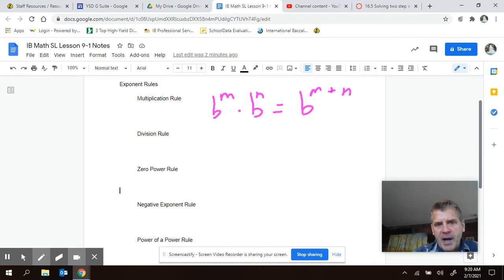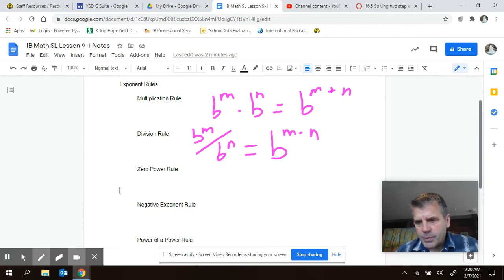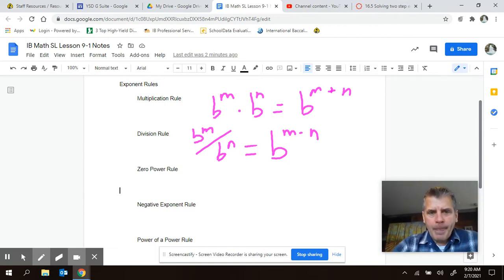Our division rule is the opposite of that. So if we have b to the m and it's being divided by a common base b to the n, we subtract those exponents. Simple, straightforward, nothing new.